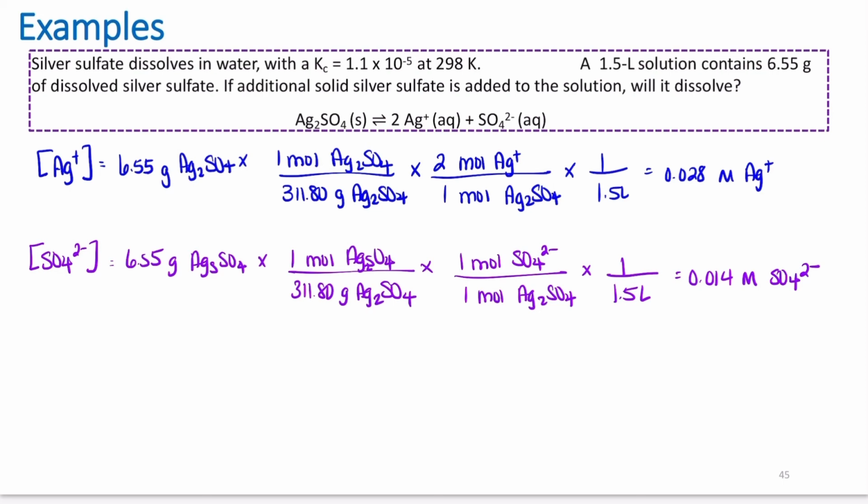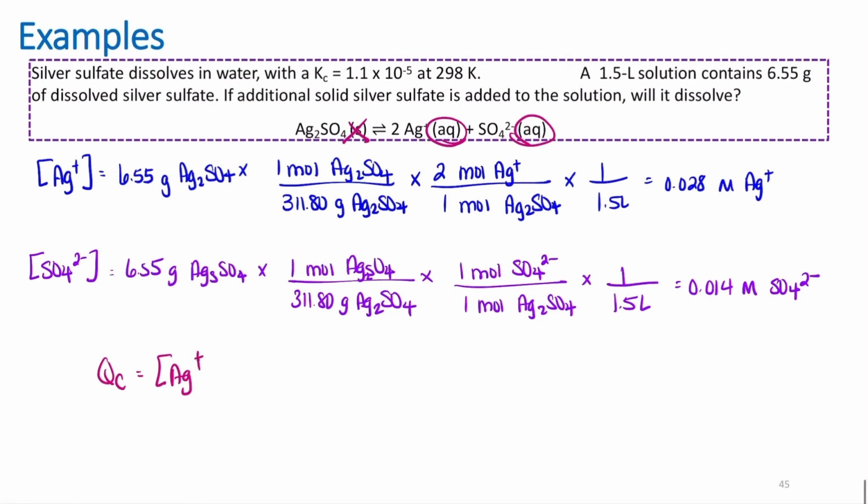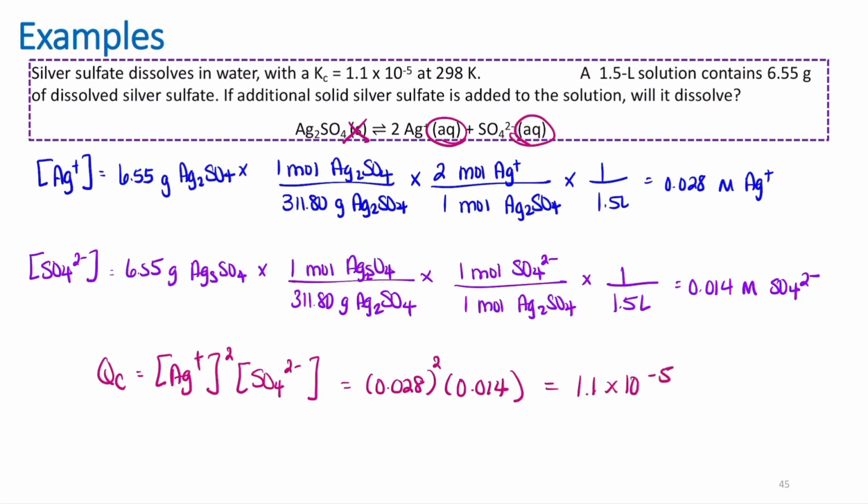Calculate your reaction quotient, Qc. If I look at this, these two are aqueous, this is a solid. So I'm going to have the concentration of silver, quantity squared, times the concentration of SO4 2 minus, raised to the first power. 0.028, quantity squared, times 0.014, gives me 1.1 times 10 to the negative 5th for the Qc value.